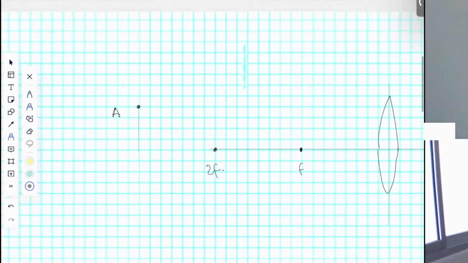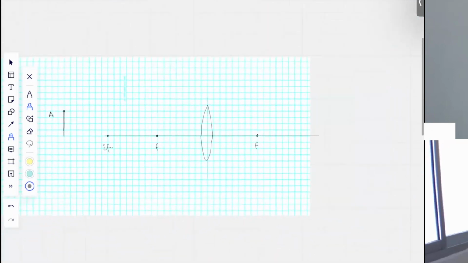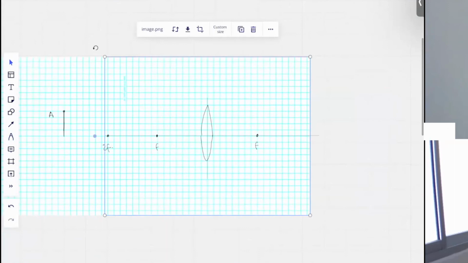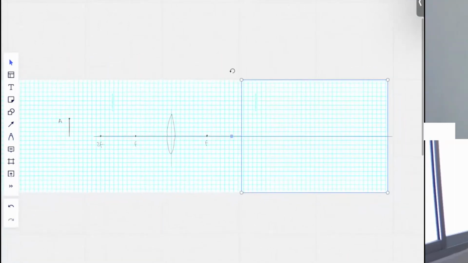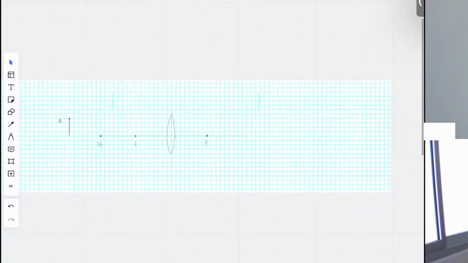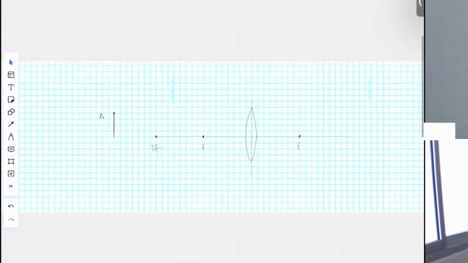So draw the 3 lines again. Yeah. Draw the lines and find the, what do you call it? Image of this. Try. Using the three special light. Yeah. Try.